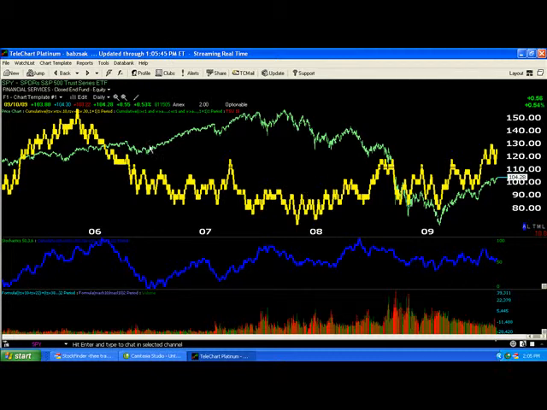What we're looking at is price of the S&P 500. You can see it climbing. And if we take a close look at our indicator, you can see that our indicator is not climbing with price. This is what we would call a divergence. So this is what I mean by a leading indicator.